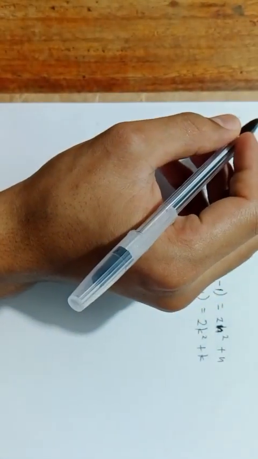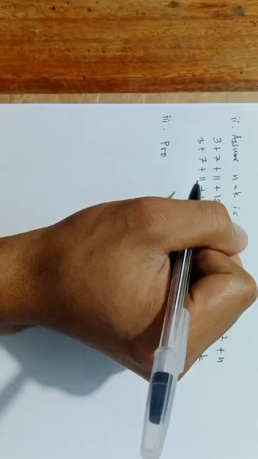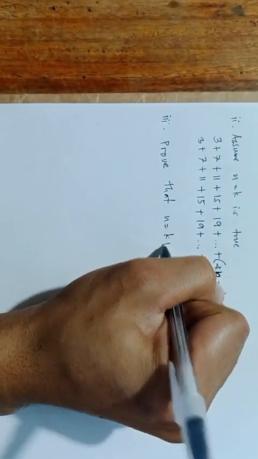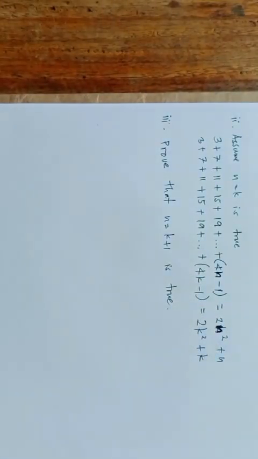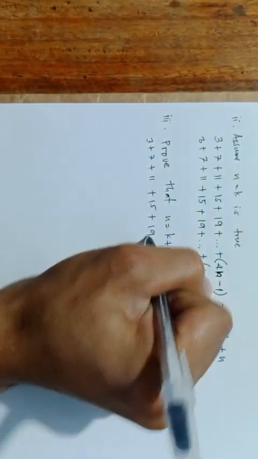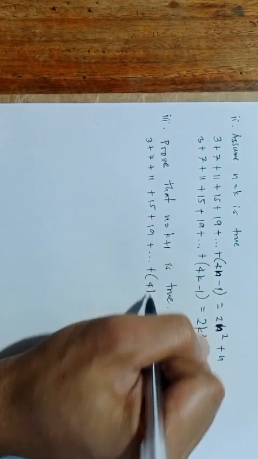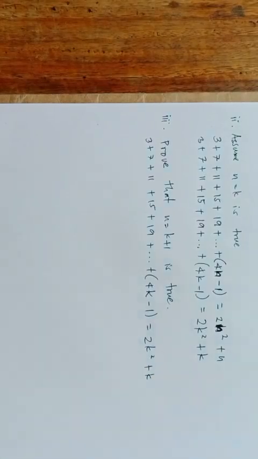So n is equal to k is also true. Now let's prove that it is also true for n is equal to k plus 1. We have 3 plus 7 plus 11 plus 15 plus 19 plus 4k minus 1 equal to 2k squared plus k.